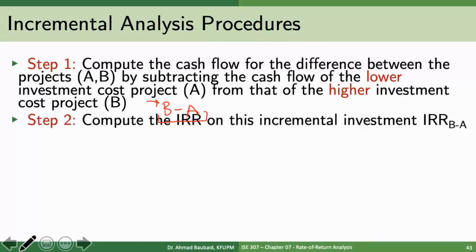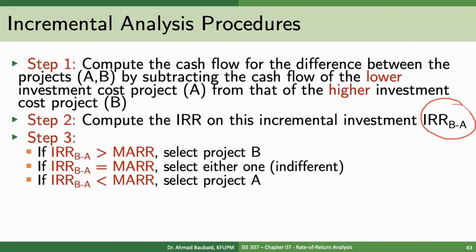Then I compute the IRR on this incremental investment. So I compute the IRR for B minus A. And then I can go back, I can use the present worth criterion if I wanted to, like I did in the example or the table that I just showed, or I can go back to my original criterion, but now notice that I use this IRR of B minus A. So I look at this incremental investment, look at its rate of return, which is equal to the IRR if it's simple, and then I compare that to the MAR.